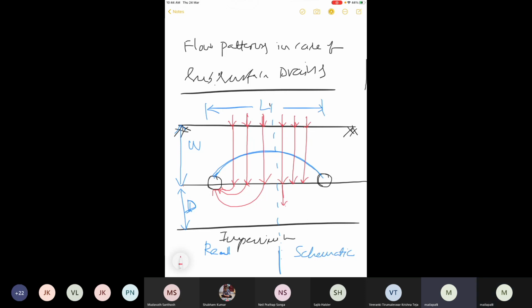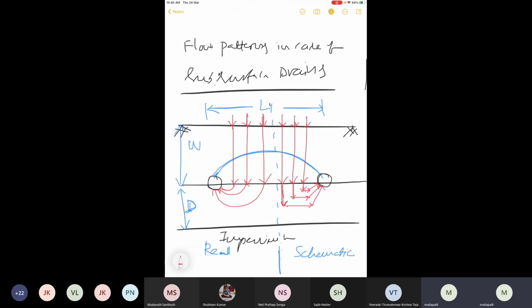From here, again vertical down, then horizontal, then radial. Similarly, vertical a little down, horizontal, and radial.